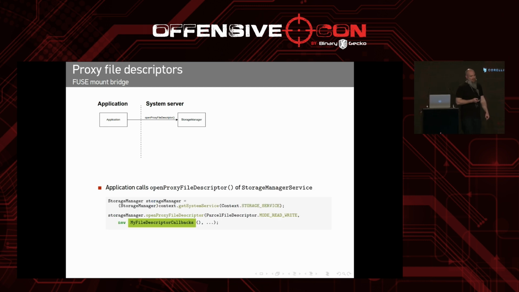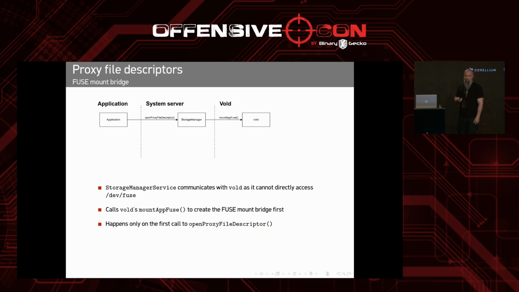What the application does next is communicate with the storage manager service and call openProxyFileDescriptor. Now, system server running under the system UID 1000 cannot open /dev/fuse because it's only readable by root. So what it does is communicate with vold. It calls mountAppFuse, a method exposed by vold.